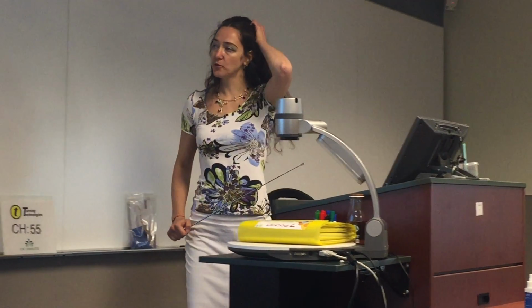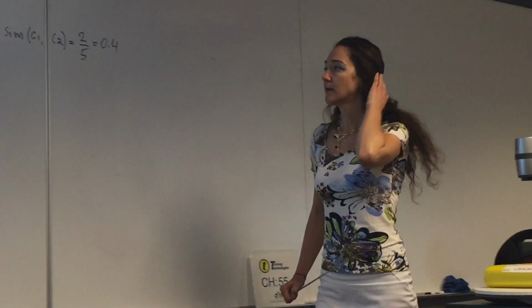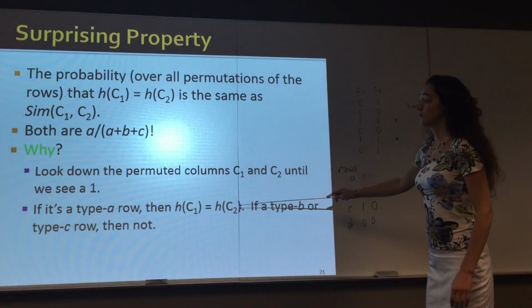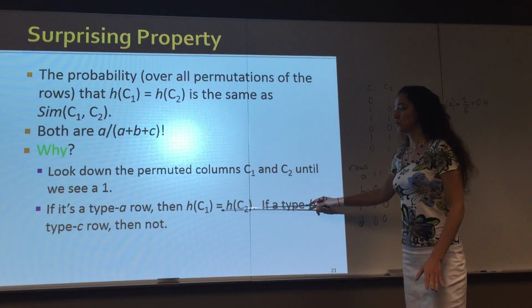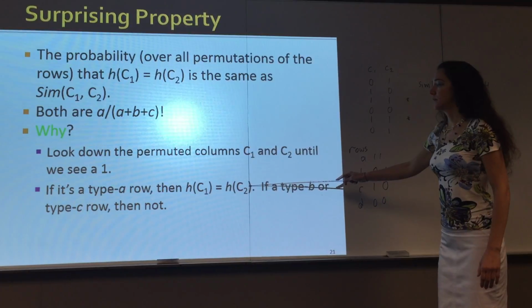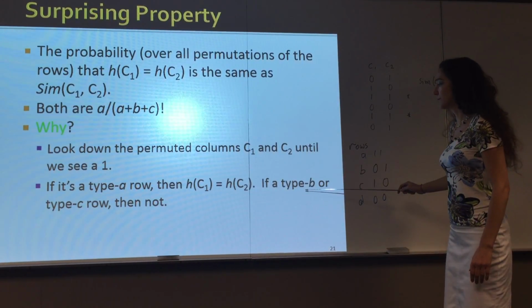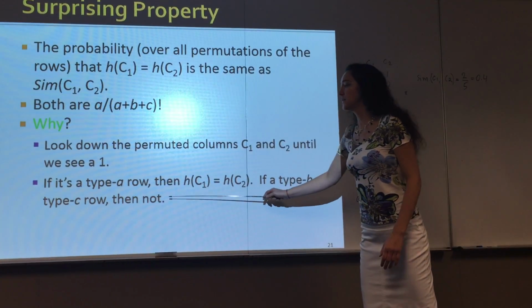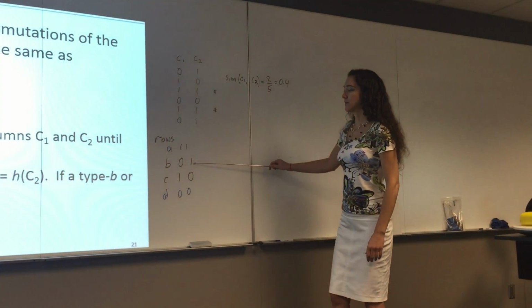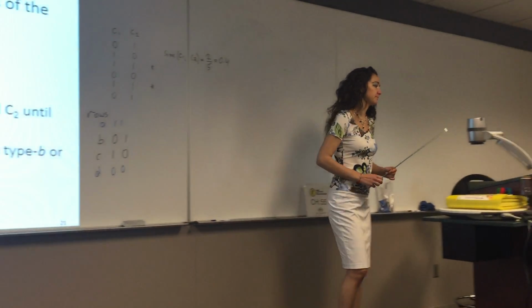If both of them have a 1, then they will be equal. But if the row is of type B and type C, then they will not be equal, because for B and C, one is a 0 and another one is a 1.